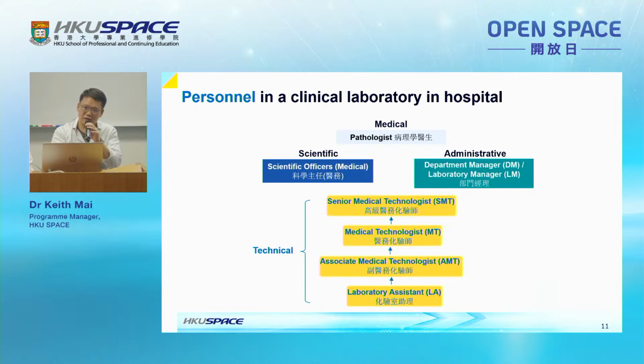But legally, they're not allowed to handle the specimens directly. The next level, or the first level of the medical technologist, is the associate medical technologist, or AMT. These are the licensed professionals that can handle the samples.